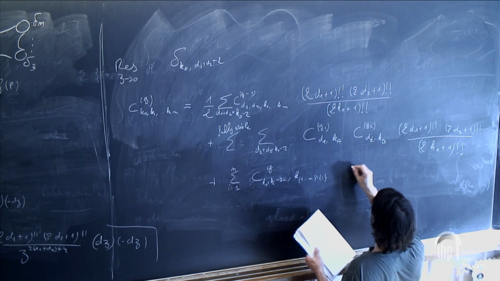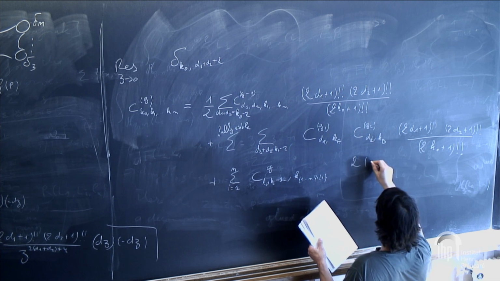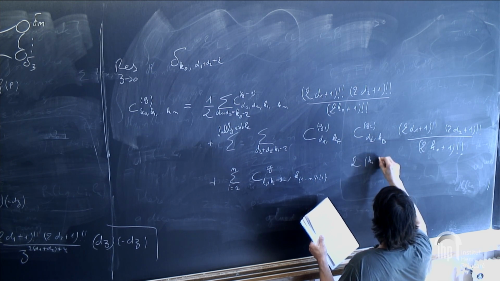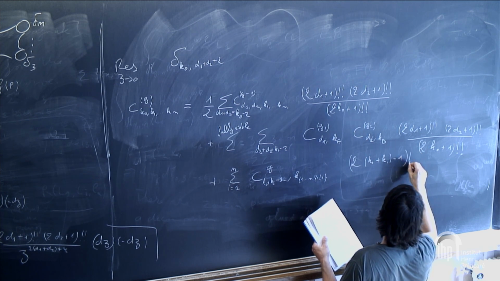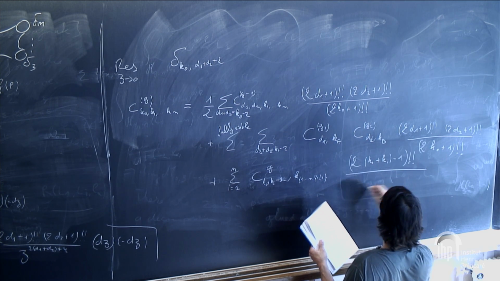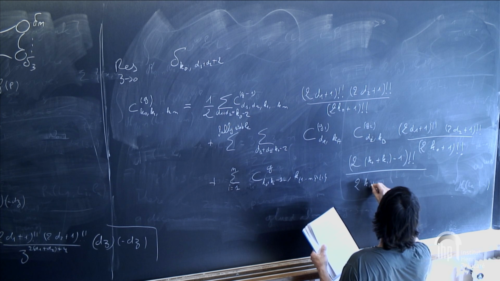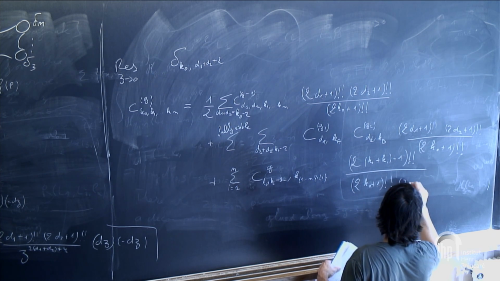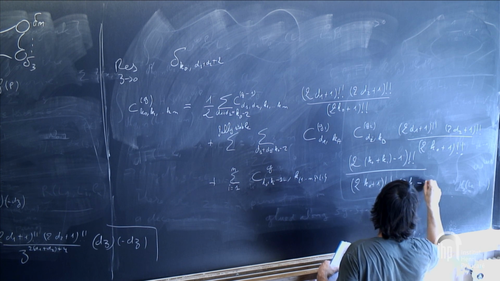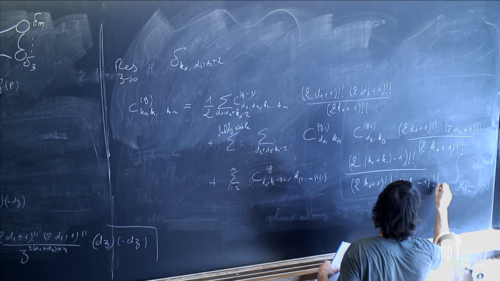And you've got just one combinatorial factor, which is 2 times (k0 plus ki minus 1) double factorial. And you divide by the same factor, (2k0 plus 1) double factorial times (2ki minus 1) double factorial.